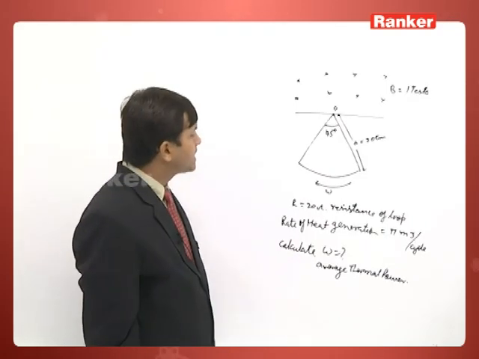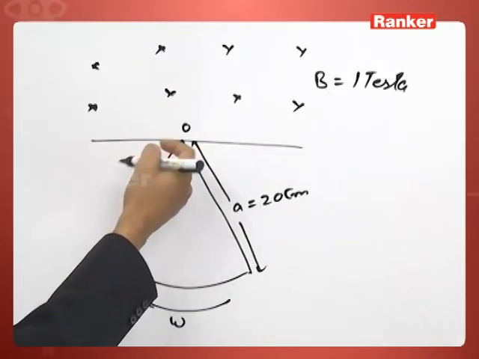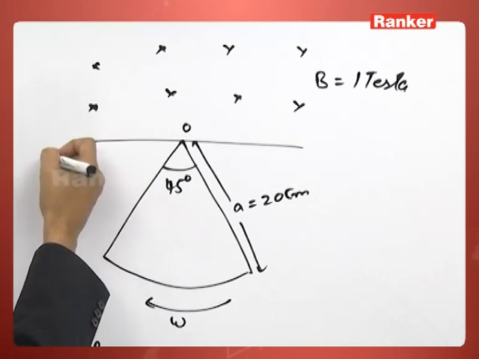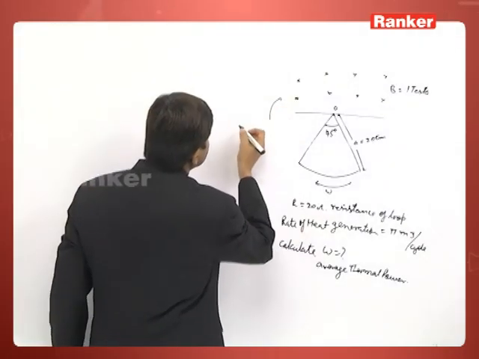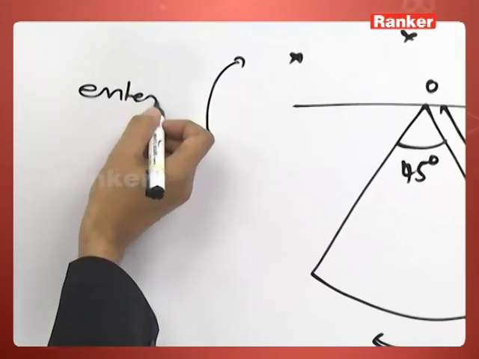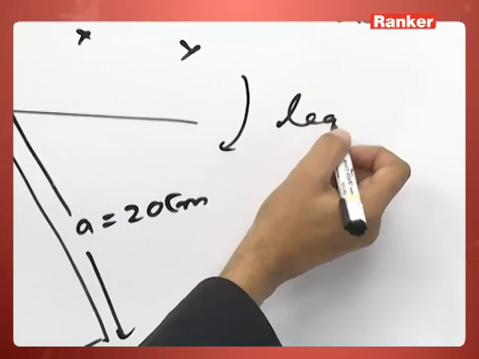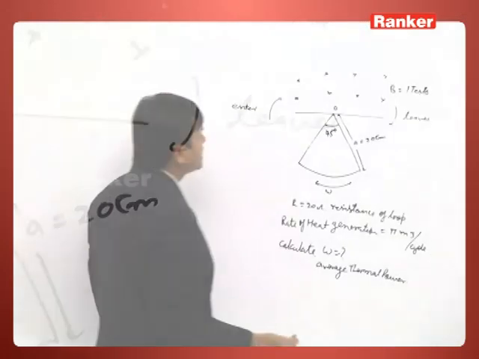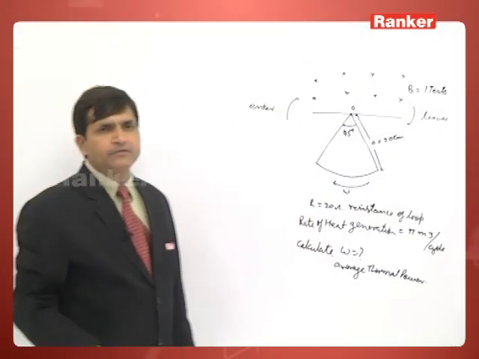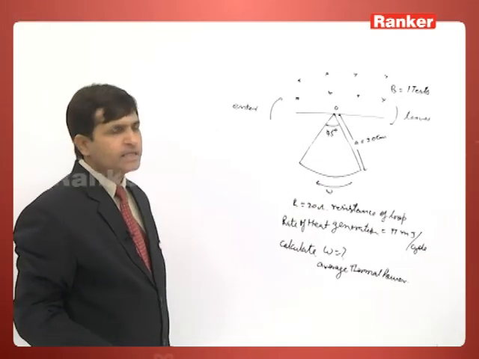and at that time only the heat will generate. So when the loop is just about to enter, and when the loop leaves the magnetic field, at that time only heat will generate.